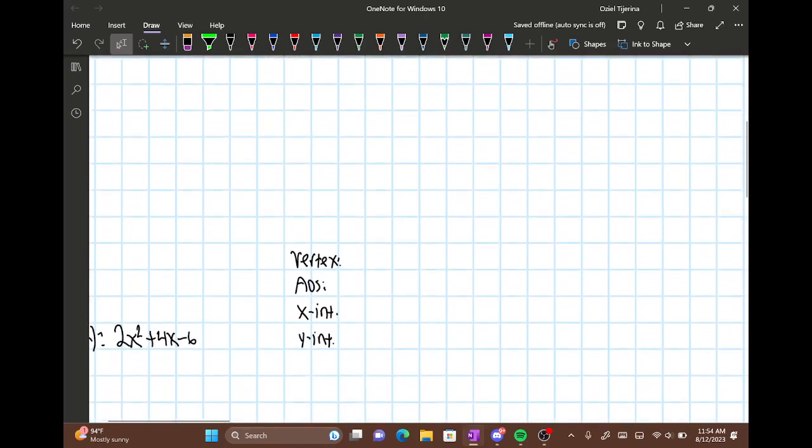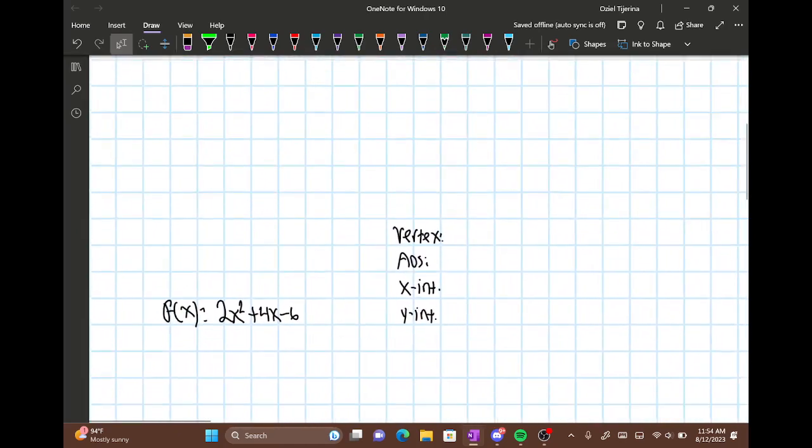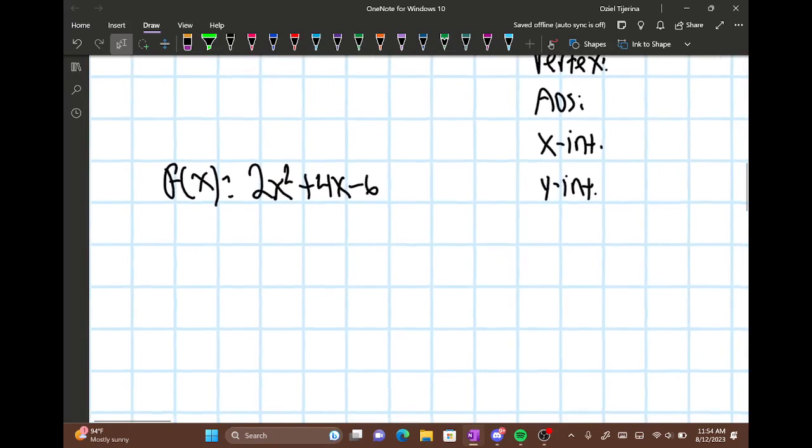With this function, I went ahead and rewrote it here. Because this is the second time that I'm recording this, you don't want to factor the 2 out.